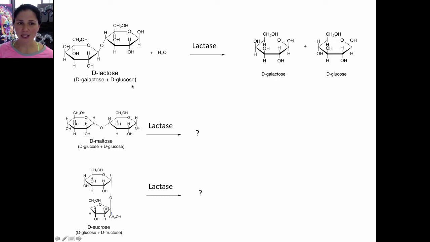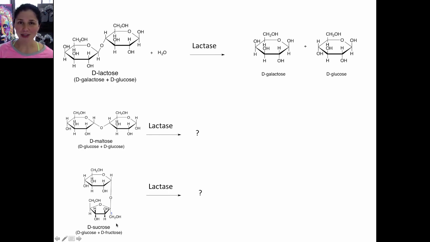Notice that glucose is a monosaccharide that's part of the disaccharides in each of these. And so we should be able to monitor reaction progress by monitoring the concentration of glucose at several time points. You will be able to see if lactase is in fact specific for lactose, or if it will also help to catalyze the hydrolysis of maltose or sucrose.